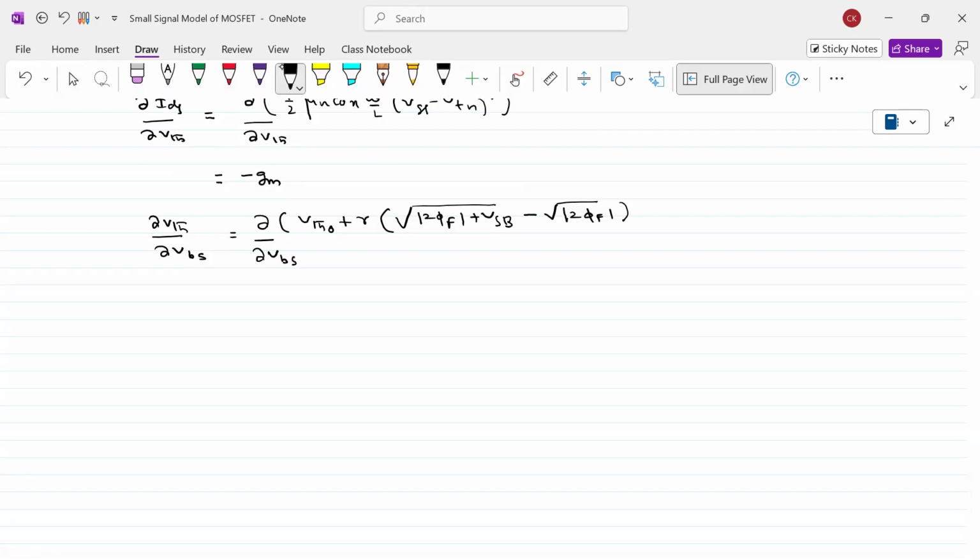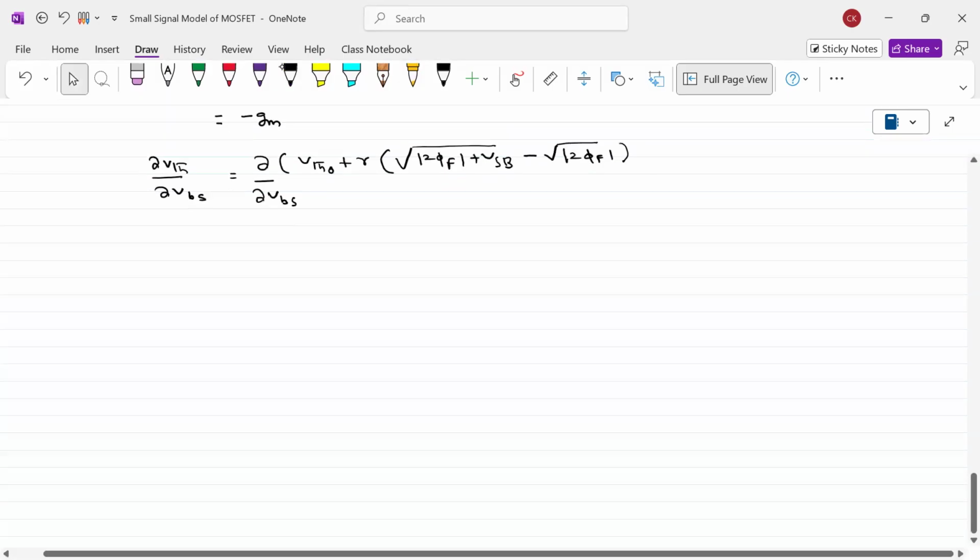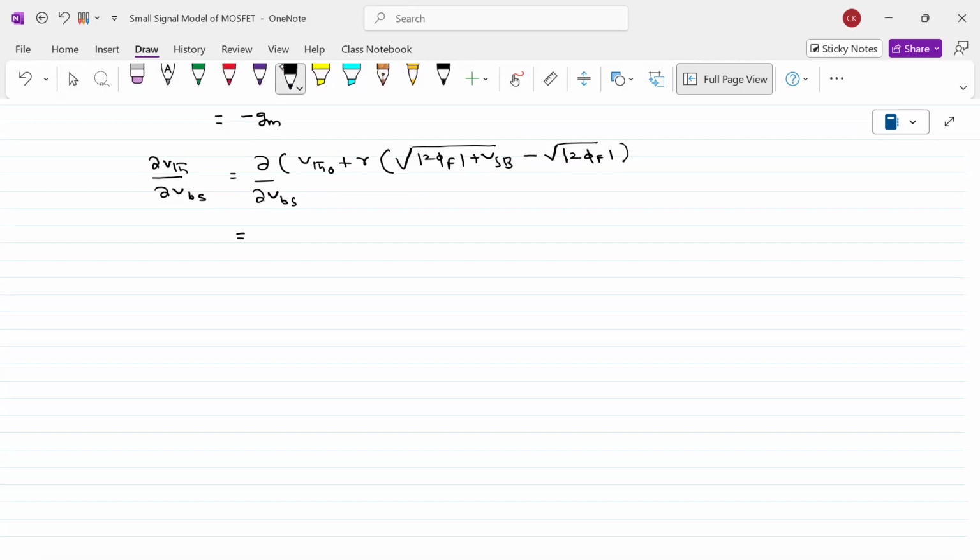Now what is the derivative of this one? The derivative of VTH naught, a constant, is 0. Therefore, the value of this one is gamma. The derivative of root x is 1 by 2 root x. So this is 1 by 2 root of magnitude of 2 phi f plus VSB.